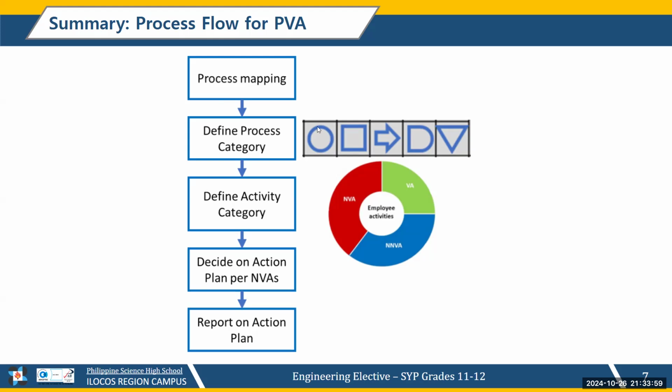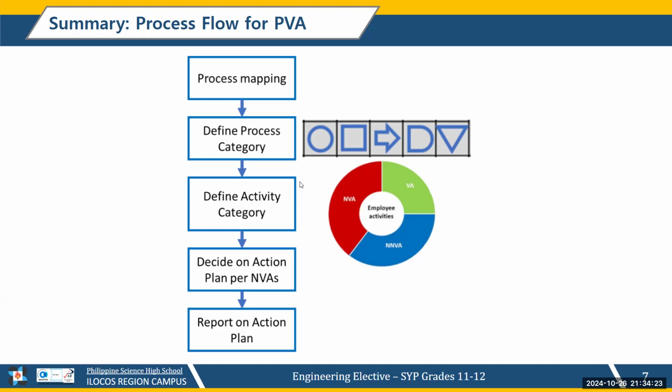So here are the symbols that are important to us in the VSM. So inspection, operation, transport, delay, or storage. So as you can see, we have here no decision symbol. So we only include the 5 other symbols.